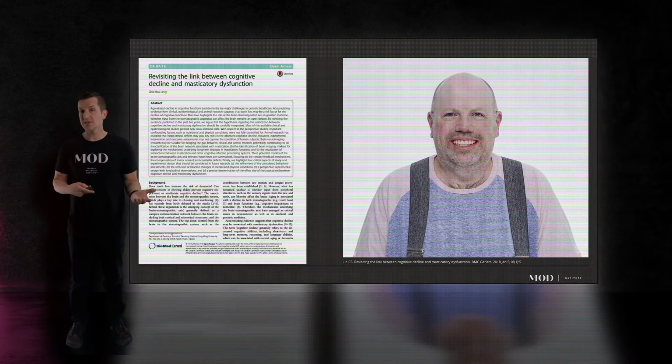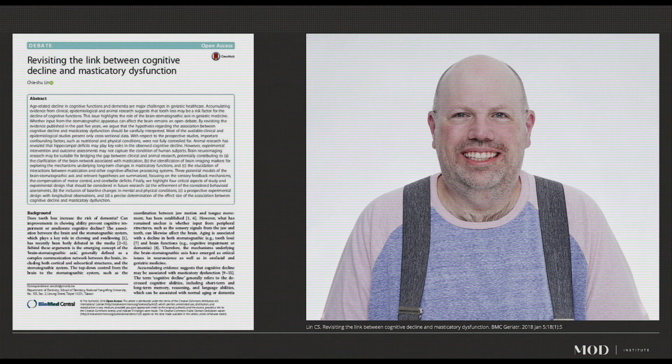And so what we see when we look at this study is that there is a correlation between the loss of masticatory efficiency and cognitive decline as we age, whether that's related to tooth loss or whether it's related to sensorimotor control, where we're just not really able to chew in an efficient and functional manner.